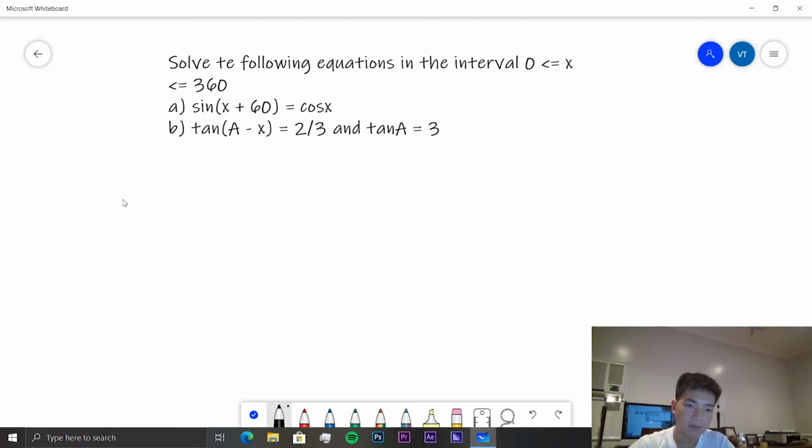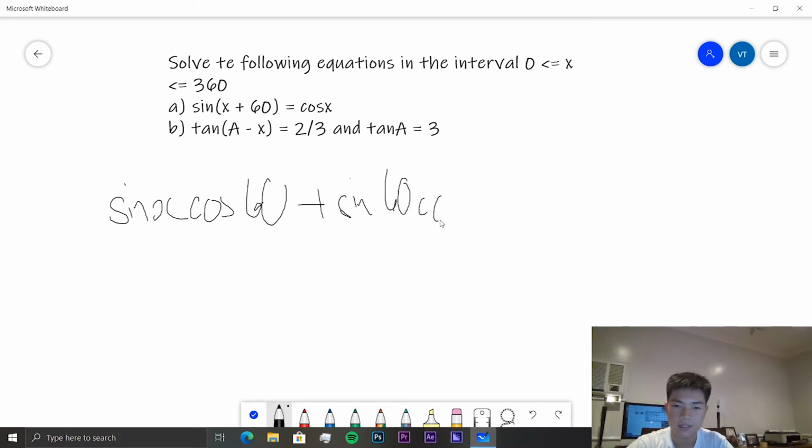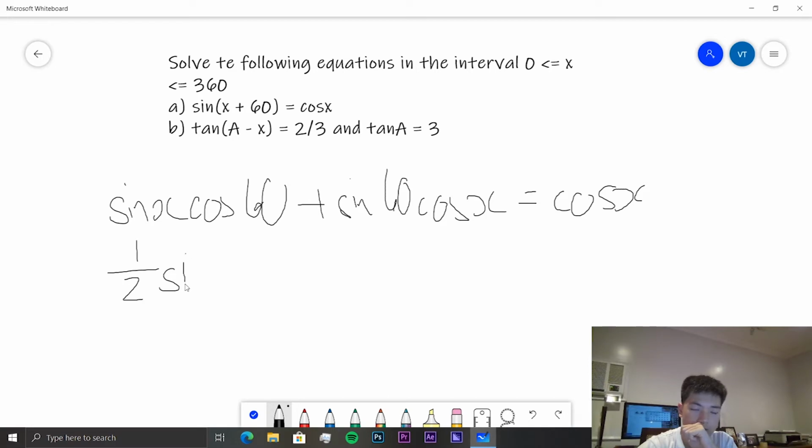So expanding this, we get sine x cosine 60 plus sine 60 cosine x is equal to cosine x. So how can we manipulate this one? Cosine 60 is 1/2, so we have 1/2 sine x is equal to, let's subtract these two.